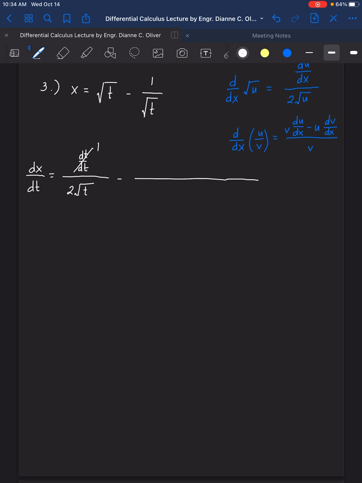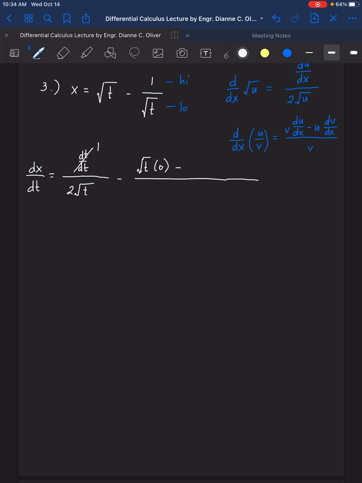So low d high, the low here is square root of t, right? So this is your low and this is your high. For the low, it is square root of t. Derivative of high, derivative of 1 or derivative of a constant is 0.